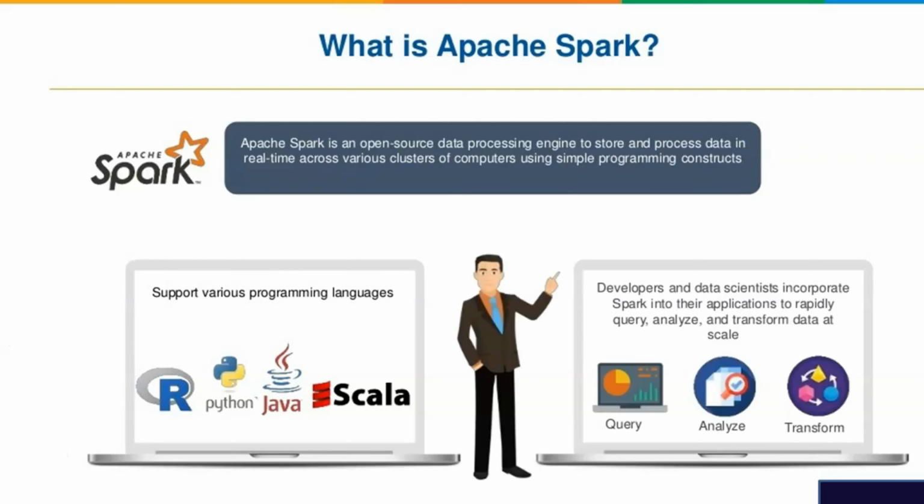A developer can query, analyze and transform the data at a very high scale. Since we know that Spark is a big data engine, Spark is doing distributed parallel processing with its engine.